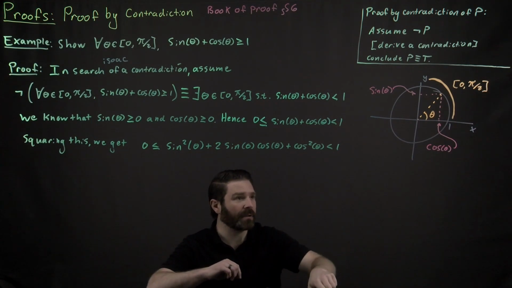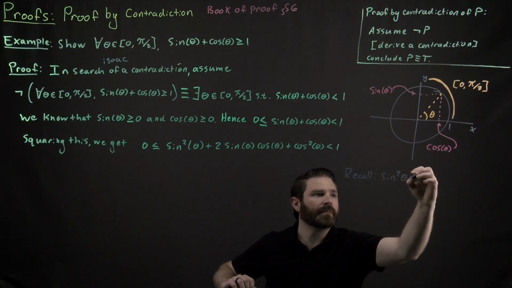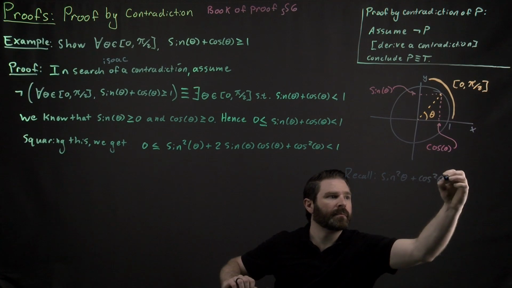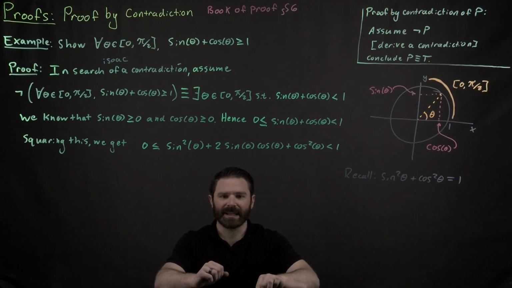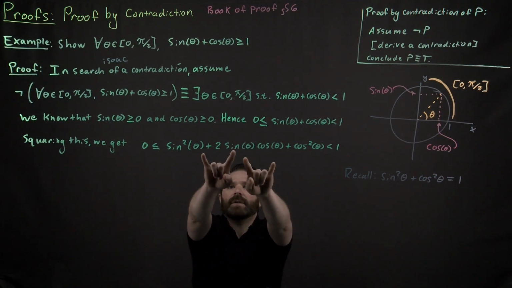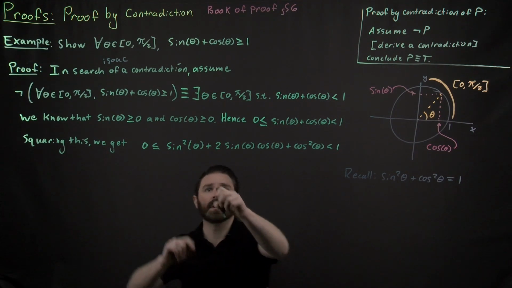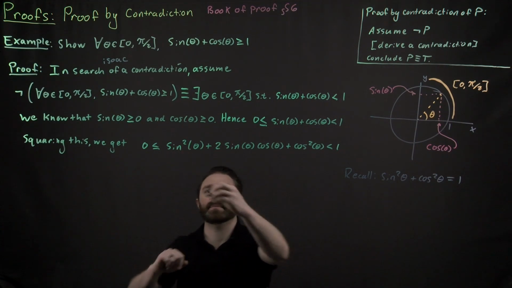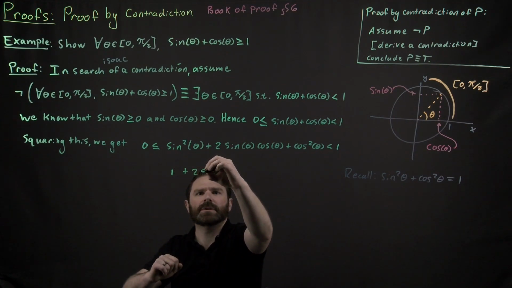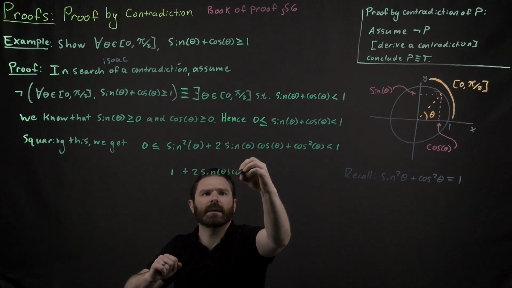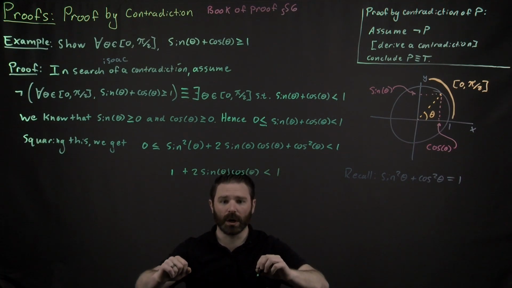So, recall sine squared of theta plus cosine squared of theta equals 1. So if I take this part of my expression, what I'll end up with is sine squared plus cosine squared. That becomes a 1. I still have this plus 2 sine theta cosine theta, and it's all less than 1.